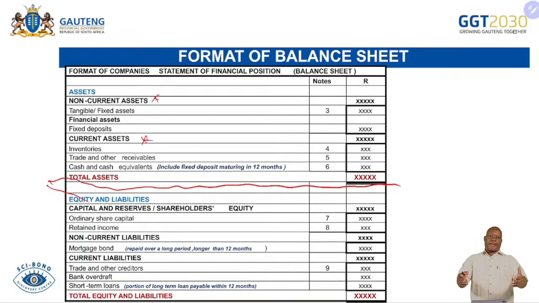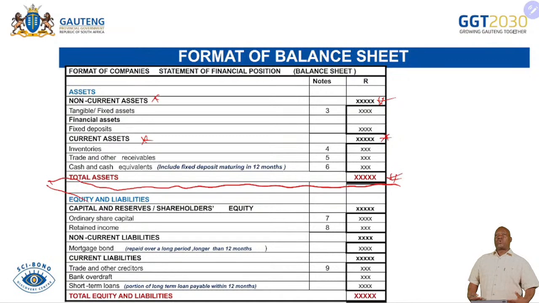And then under current assets, we have got those three: inventories, trade and other receivables, and then we have got cash and cash equivalents. So when we add those three, it gives us the current assets. Now, to get the total assets, we now need to just add two figures. We need to add the non-current asset figure and the current assets figure to get to the total assets.